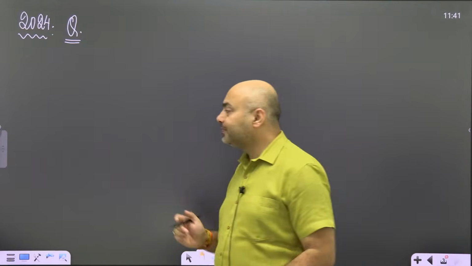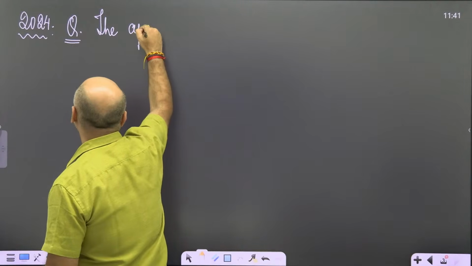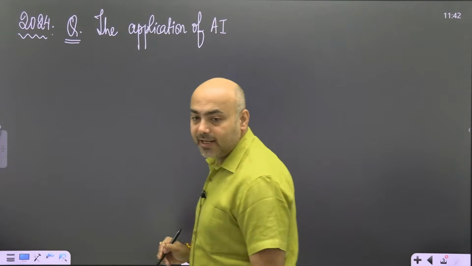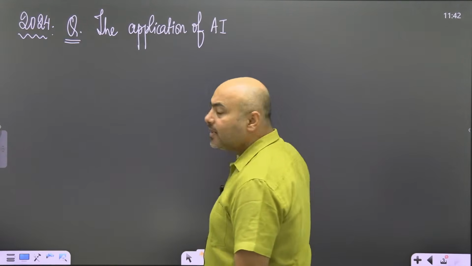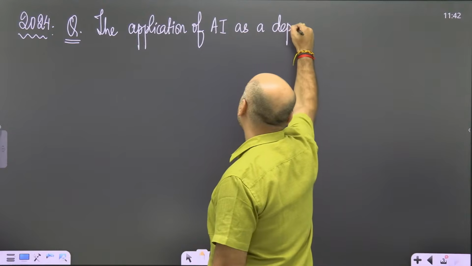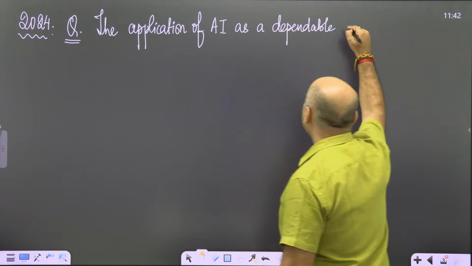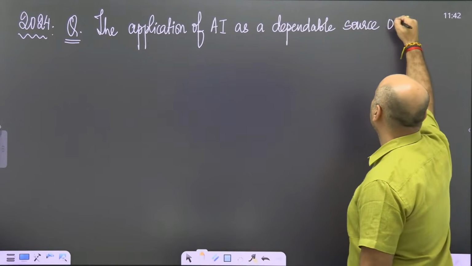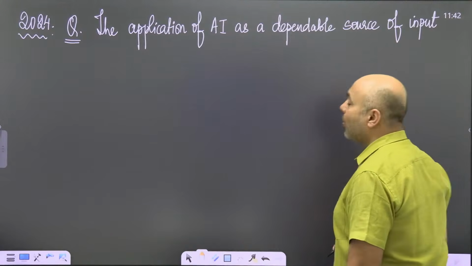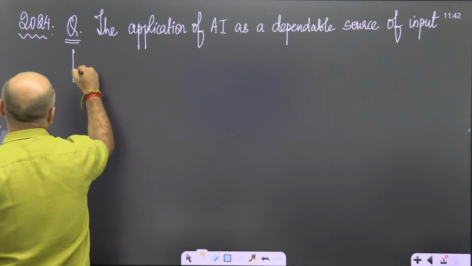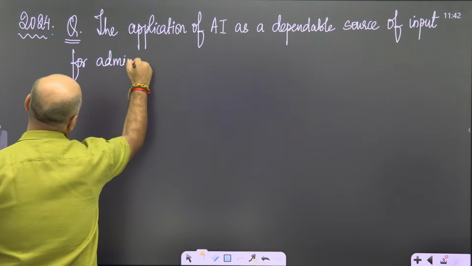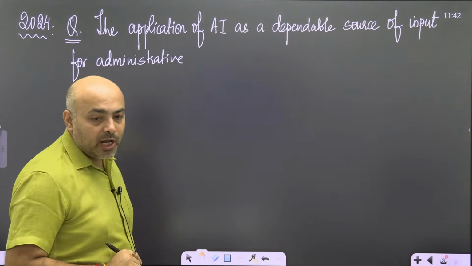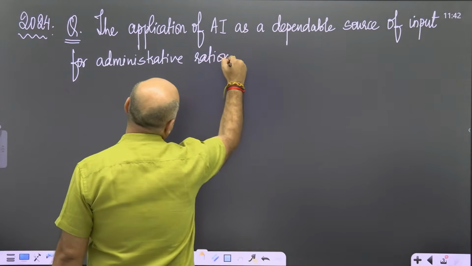Okay, so what was the question? The question was: the application of artificial intelligence as a dependable source of input for administrative rational decision making.